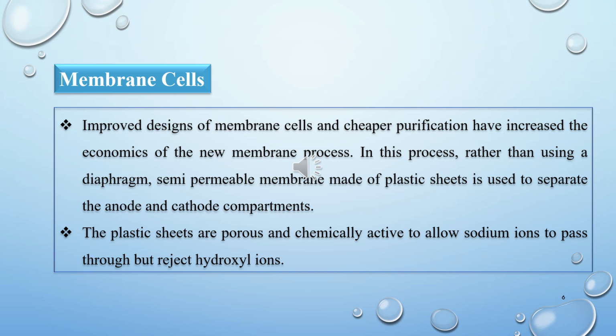And as we have discussed diaphragm cell, we have said that the disadvantage of diaphragm cell usage is that it will produce asbestos pollution. So what cell is remaining now? The most beneficial and most important method is now membrane cell process, which is very important as compared to other two processes because other two processes have disadvantages.